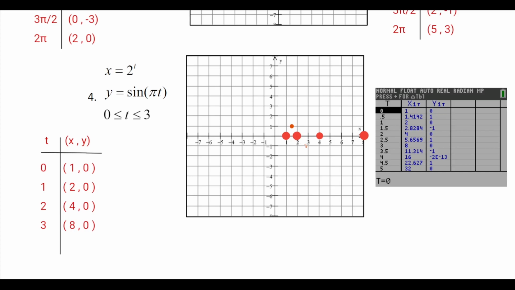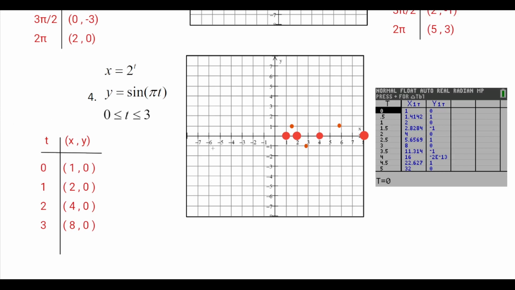Trying to make this little dot here. And then my next point, I've got the 4, 0. When t is 2.5, I've got about 5.7, 1. So that's going to be here. So now I think I'm safe to finally connect these points. Let's go ahead and do that.